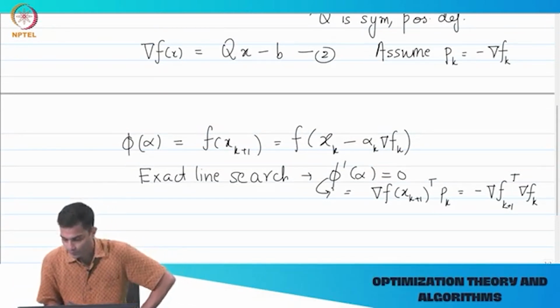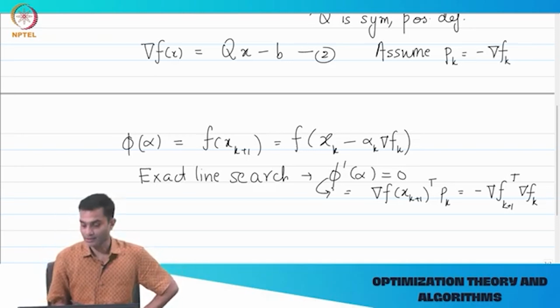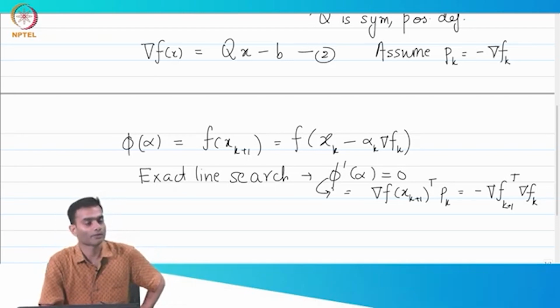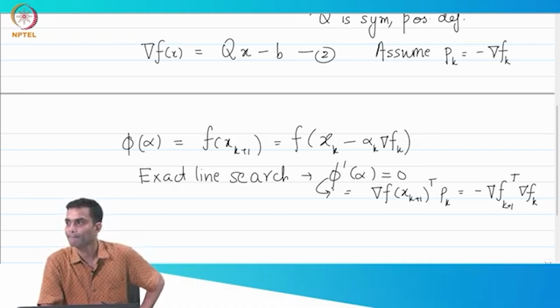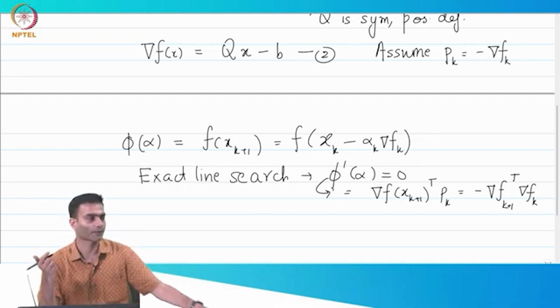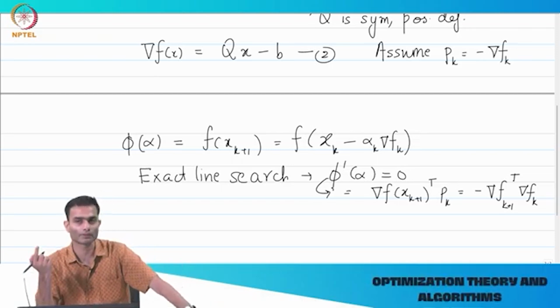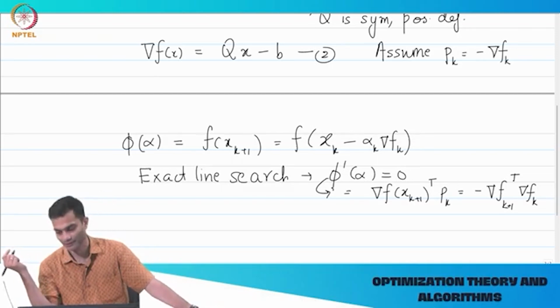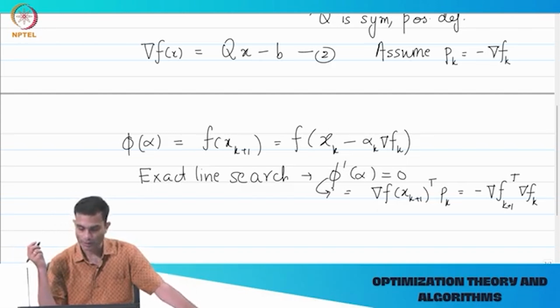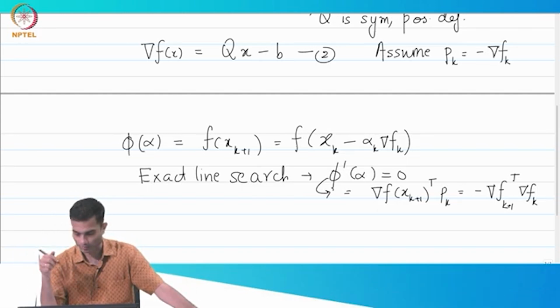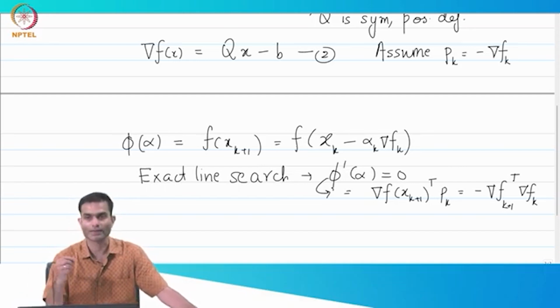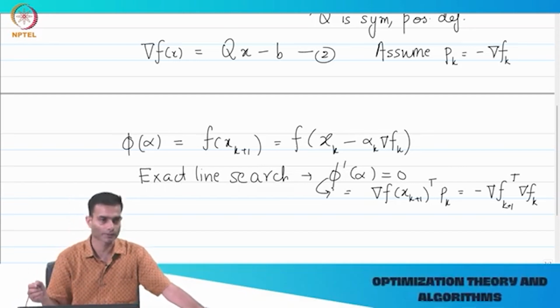You can see that this is an expression of a scalar, a vector, or a matrix? It's a scalar. It's an inner product of 2 vectors, and that's what I expect because phi is a function of a single variable and outputs a single variable, so everything is fine, right? Now, if you assume exact line search, we can actually get a closed form expression for alpha, which we will derive in the tutorial.